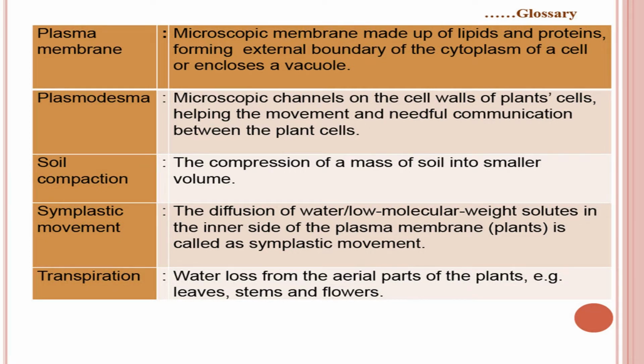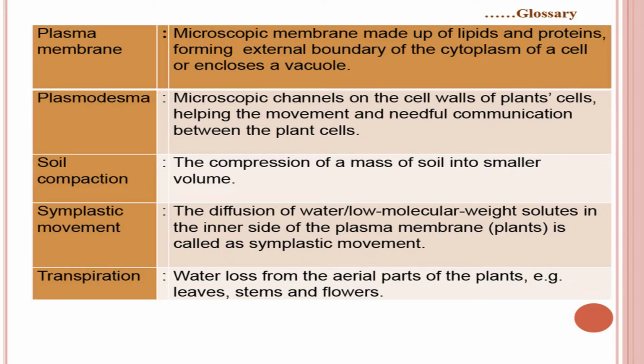Soil compaction, the compression of a mass of soil into a smaller volume. Symplastic movement, the diffusion of water or low molecular weight solutes in the inner side of the plasma membrane is called as symplastic movement. Transpiration, water loss from the aerial parts of the plants, for example, leaves, stems and flowers.